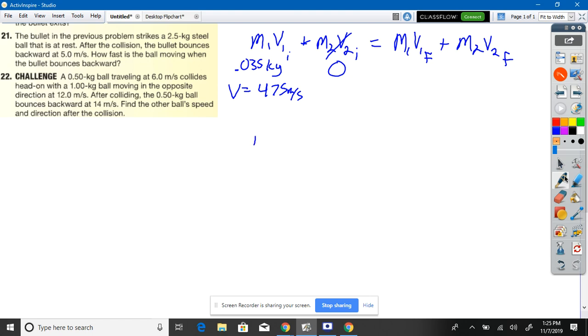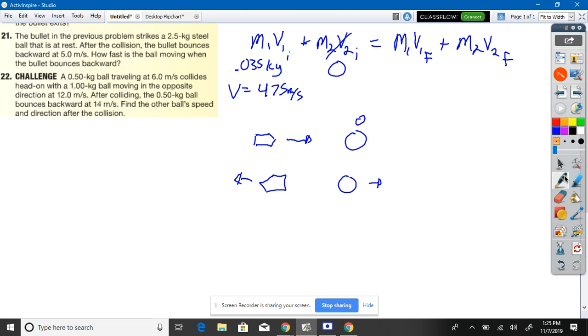So let's draw this. We got the bullet, we got the steel ball. That's before. And then after, the bullet bounces backwards. Which way is the steel ball going to go? Obviously, it's going to go this way. So that was at rest.